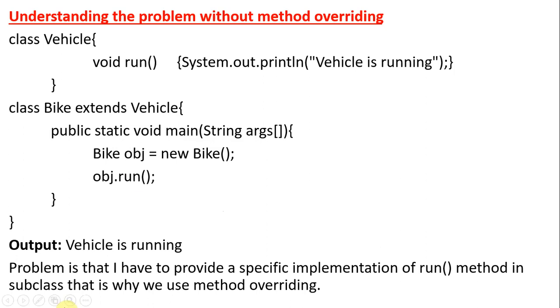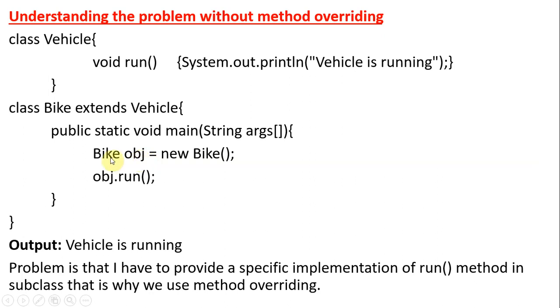First we'll see the example of what happens without method overriding. Class Vehicle, there we have a void run method, System.out.println "Vehicle is running". The next one, class Bike extends Vehicle; extends is the keyword for inheritance. The compulsory method public static void main is defined here, and we are creating an object.